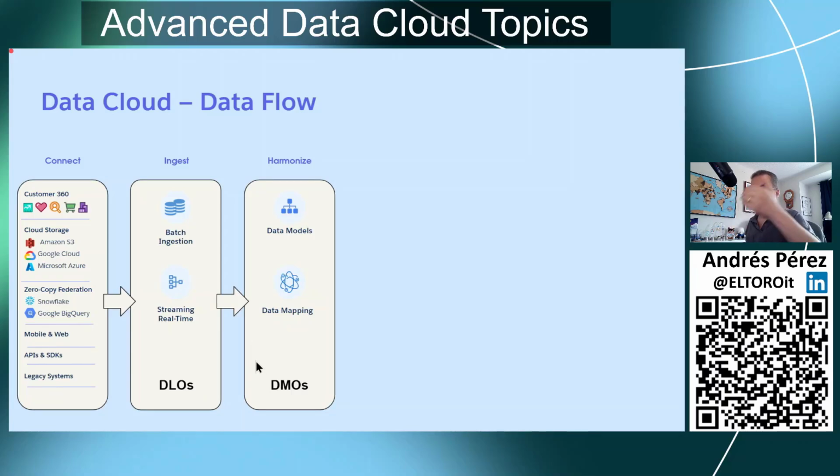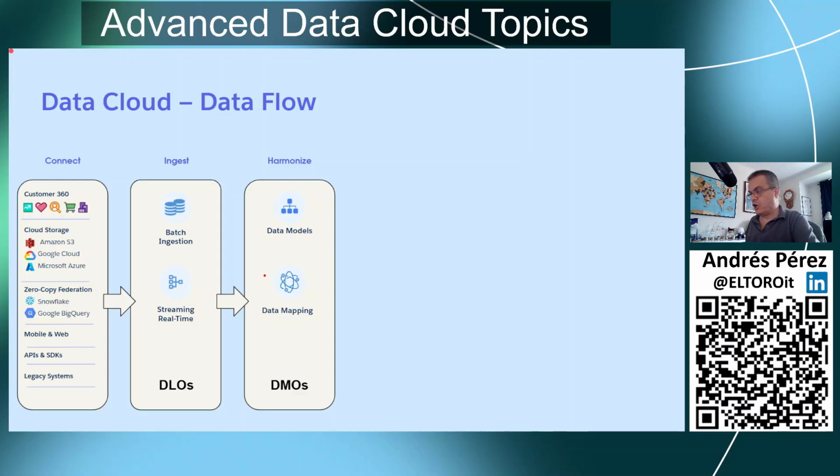Once you have ingested the data, then you want to harmonize. What does harmonization mean? Well, Data Cloud is going to give you a data model, called the Data Cloud data model.